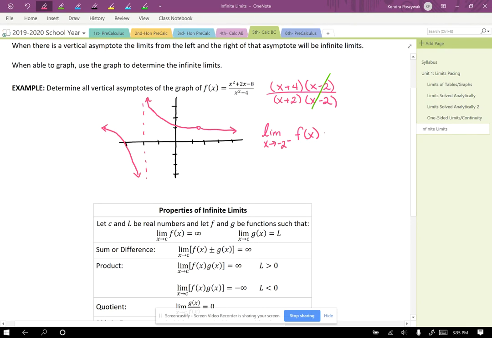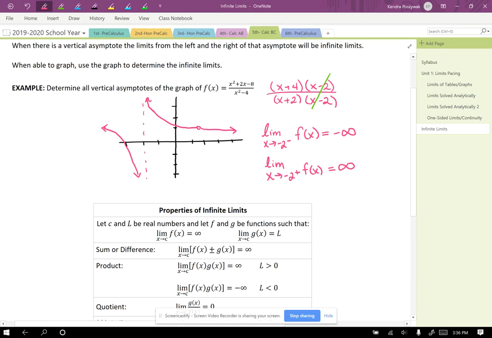Looking at our graph, as x approaches negative 2 from the left, we are approaching negative infinity. And then what does it look like the limit is as x approaches negative 2 from the right of f of x? Hopefully you got positive infinity.